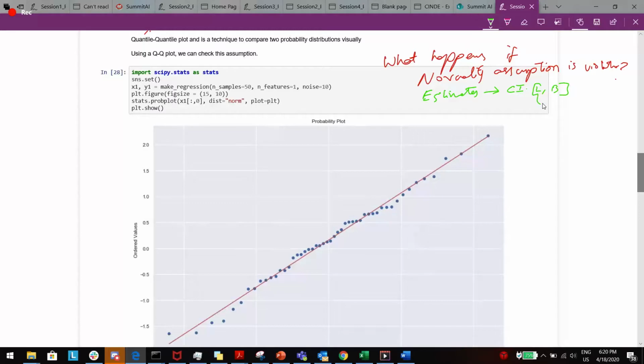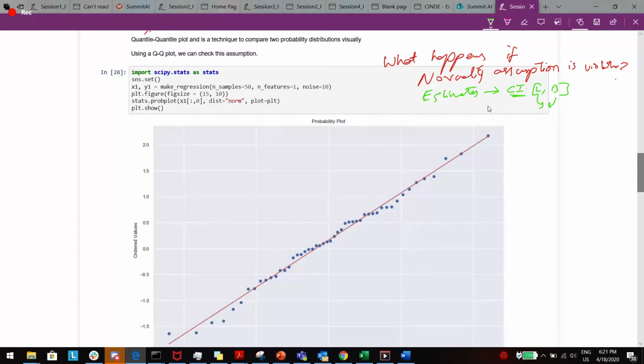It really gets complicated to compute the upper and lower bounds of your confidence interval for these estimates. So you cannot really confidently say that this would be my upper bound of this particular estimate or coefficient. That is what will happen if my normality assumption is violated.